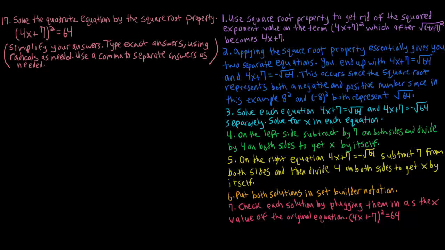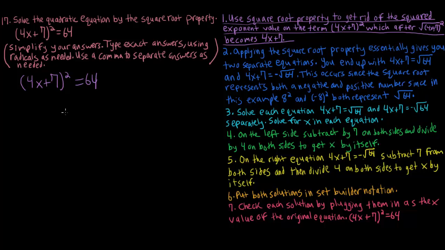So step 1, we want to go ahead and use the square root property to get rid of the squared exponent on the term 4x plus 7 squared, which after using the square root property just becomes 4x plus 7. So we have our initial equation, which we'll write down again, (4x plus 7) squared equals 64.